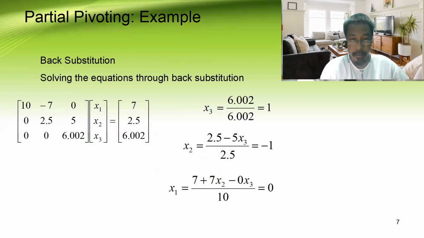And then the next step is back substitution to be able to get the values of the variables. So back substitution, meaning let's start with the bottom, this one, so that we can find out the value of x3. So that is 6.002 divided by 6.002, that is just equal to 1.